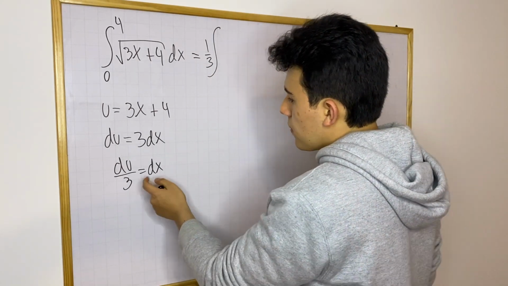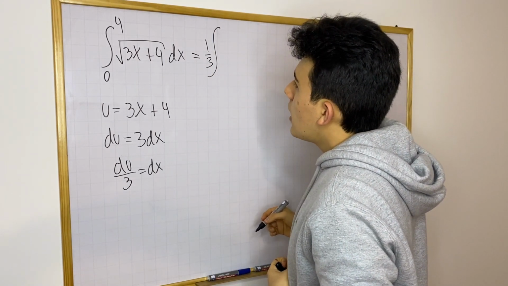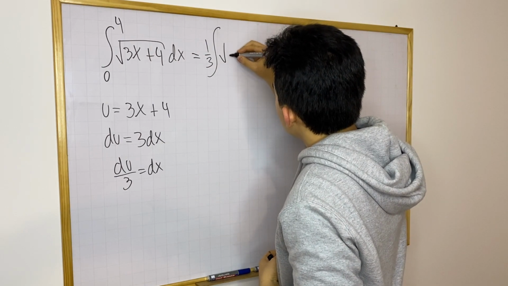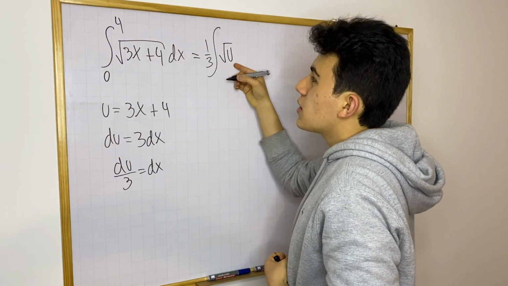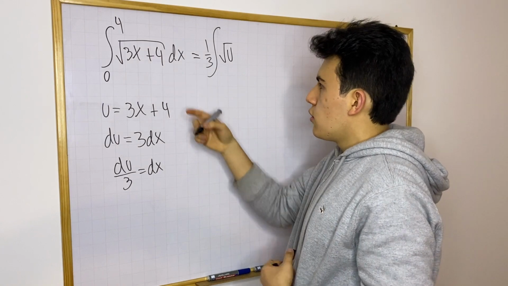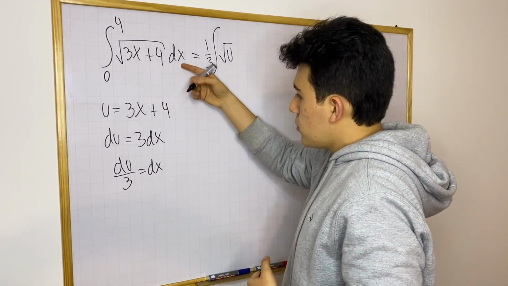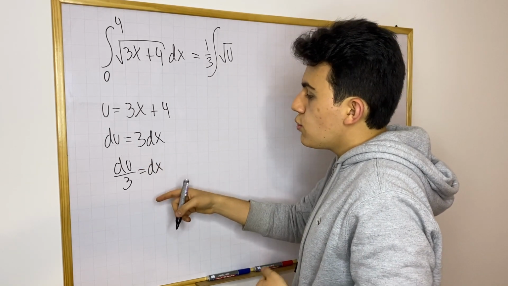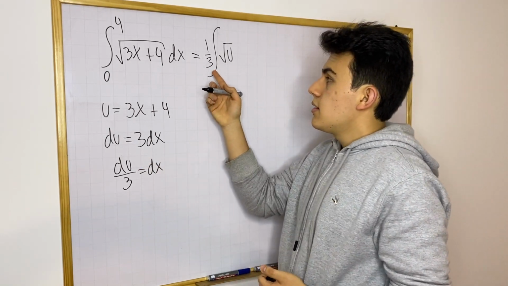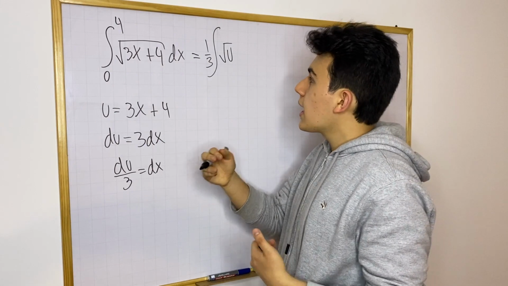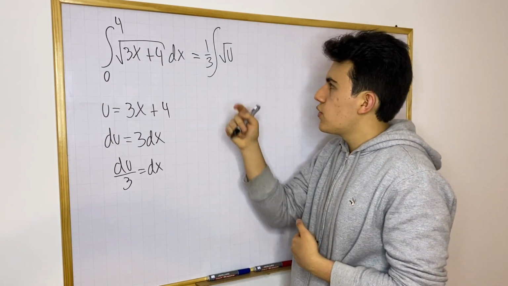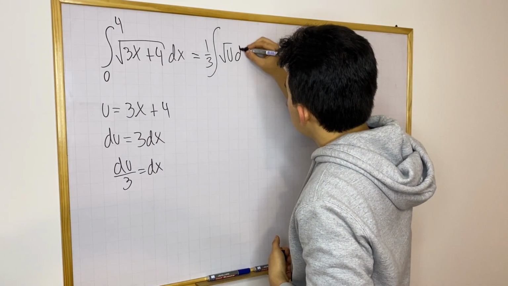And this is going to be the square root of u, because remember u equals 3x plus 4, so instead of writing 3x plus 4, you can just write u. And now what about dx? We know dx is going to be equal to du divided by 3, but that division by 3 is already accounted for when we moved this coefficient outside, so this is just going to be du, okay?